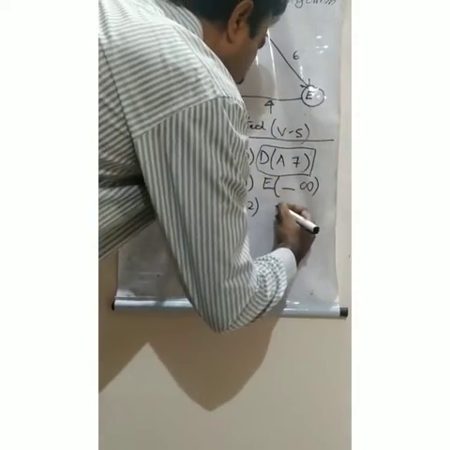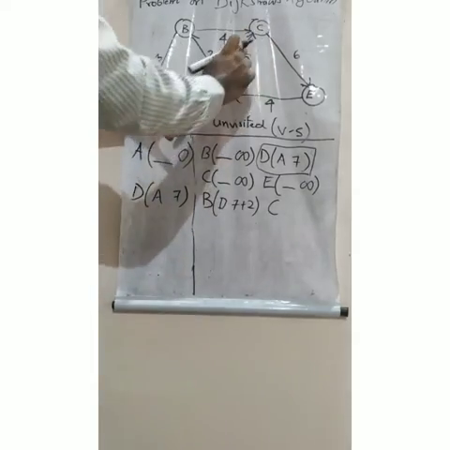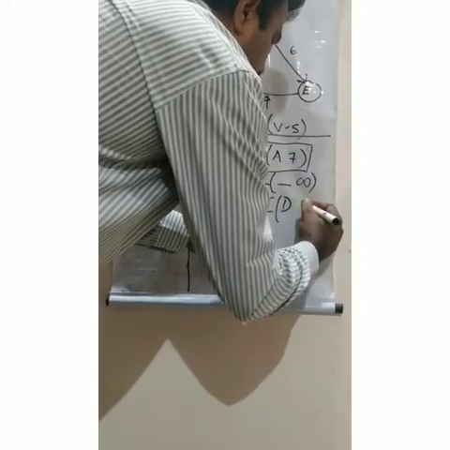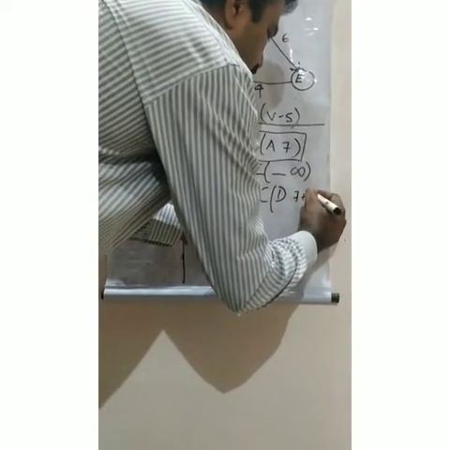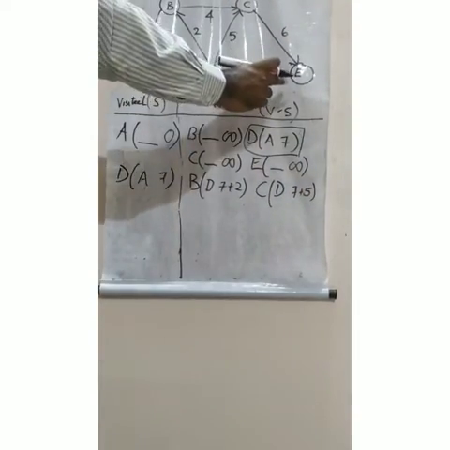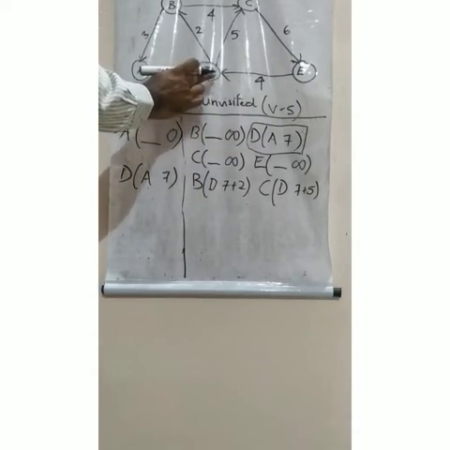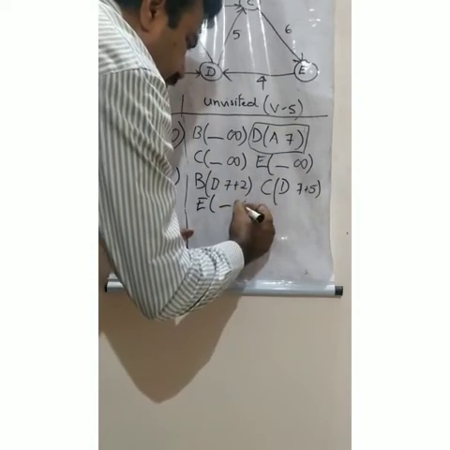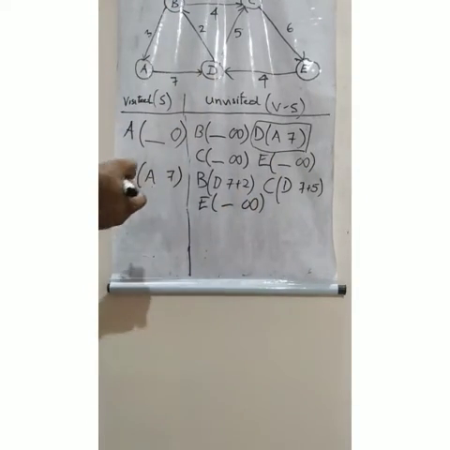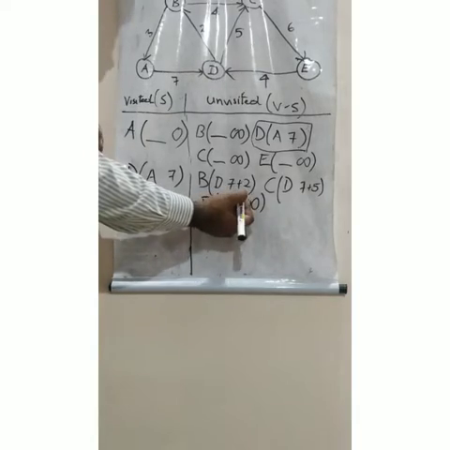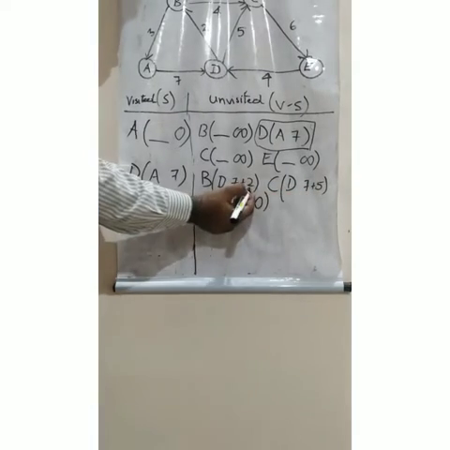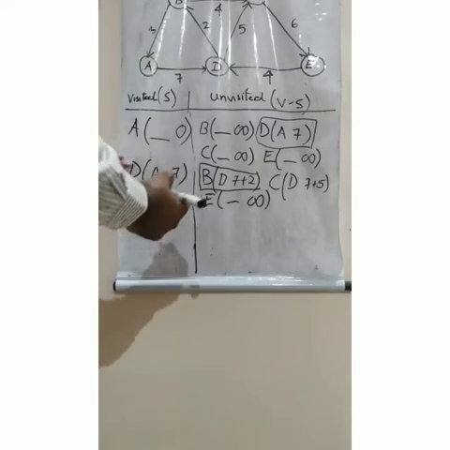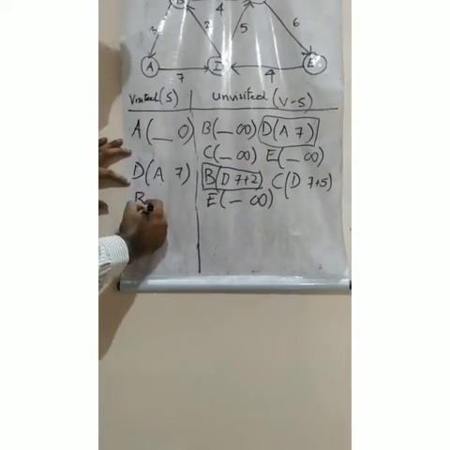Again C: C is also connected to D, so the source is D and the distance is 7 plus 5. E is not connected to D, so we will retain this as infinity. Now 7 plus 2 is 9, and 7 plus 5 is 12. So this one is the shortest.